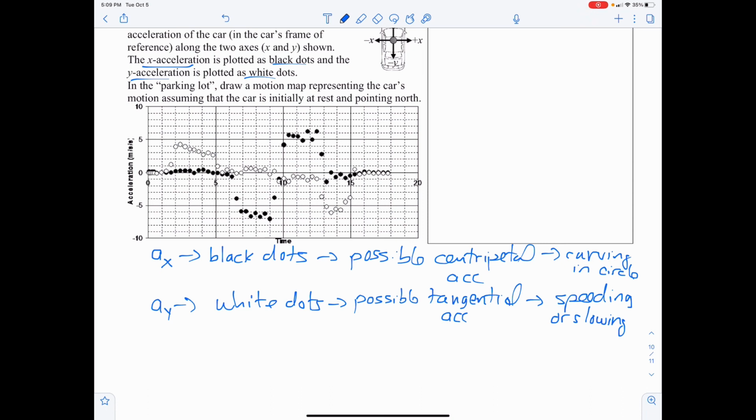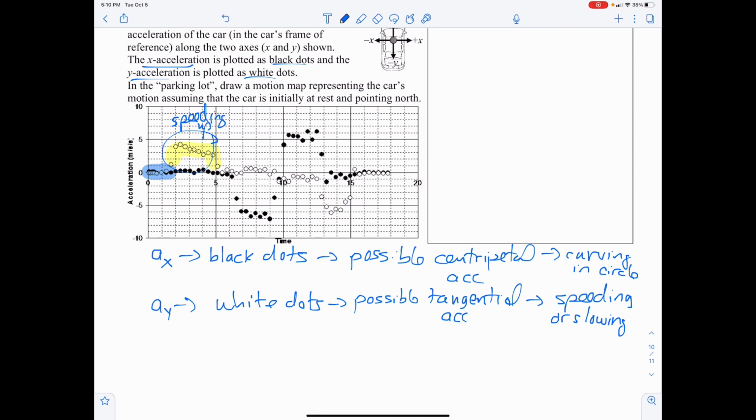Now, according to this, it appears that from 0 to about 2 seconds, you're going at no acceleration, so we're going at a constant speed forward. And then it appears that from 3 to 5 seconds, this part right here, we accelerate, meaning we are speeding up.